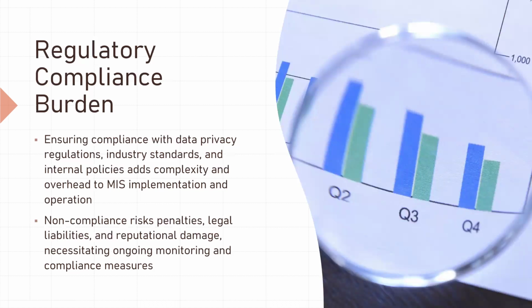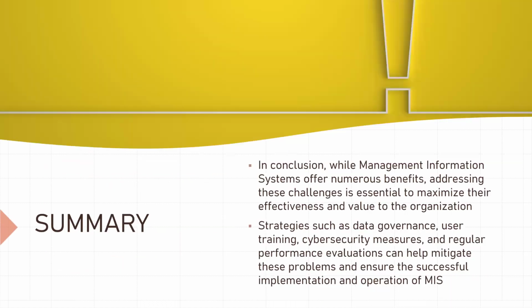Non-compliance risks penalties, legal liabilities, and reputational damage, necessitating ongoing monitoring and compliance measures. So in conclusion, while management information systems offer numerous benefits, addressing these challenges is essential to maximize their effectiveness and value to the organization.